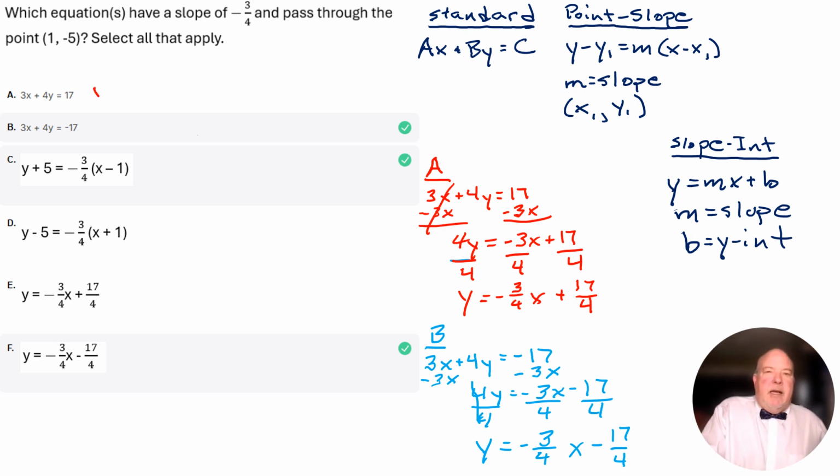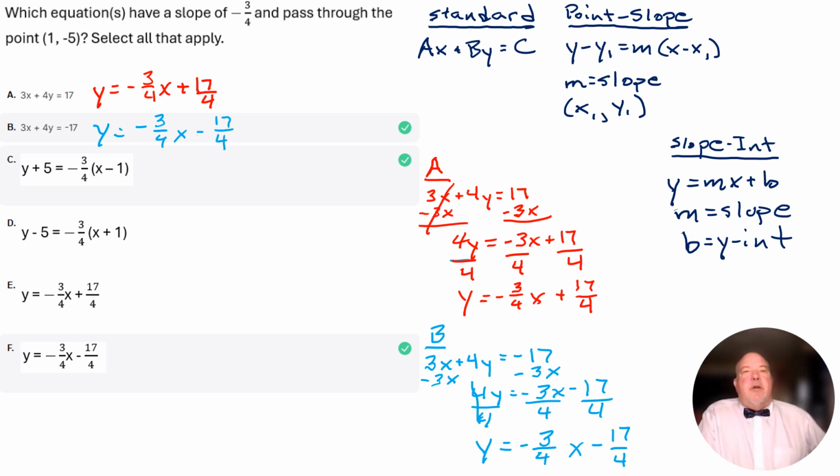So let me just write this over here. A became y equals negative 3/4 x plus 17/4. And then B became almost the same thing: y equals negative 3/4 x minus 17/4.